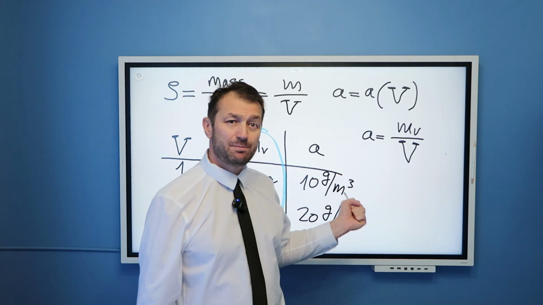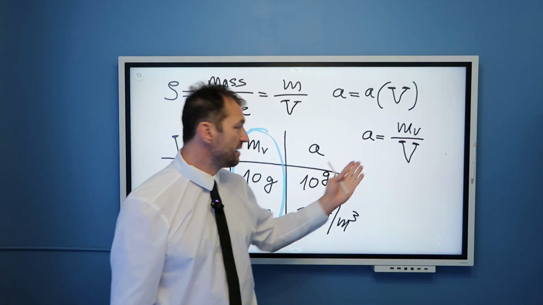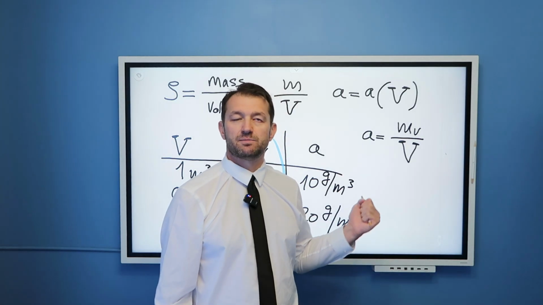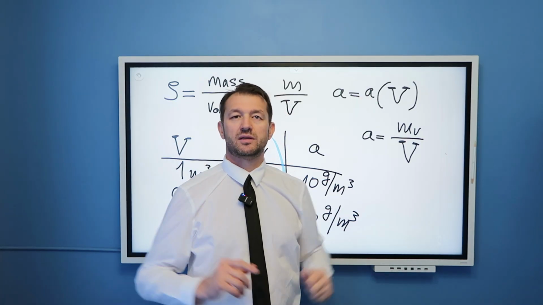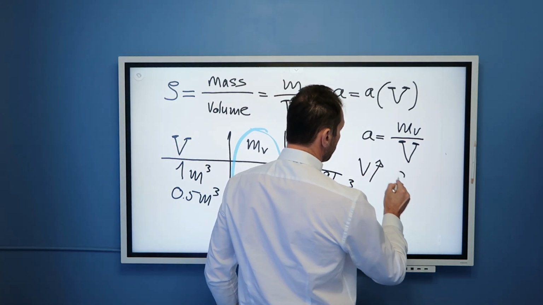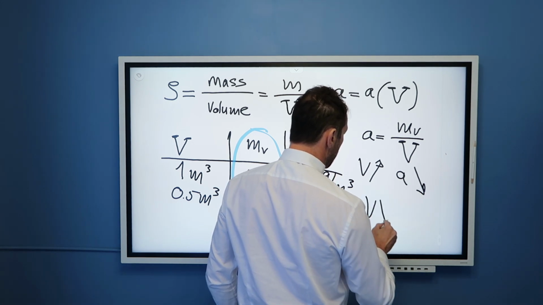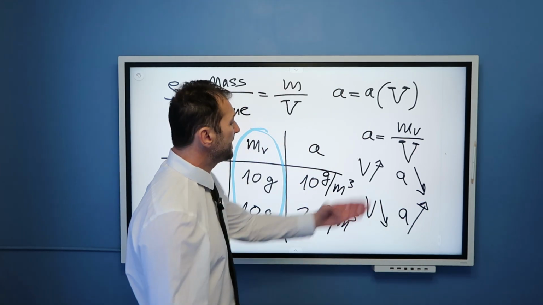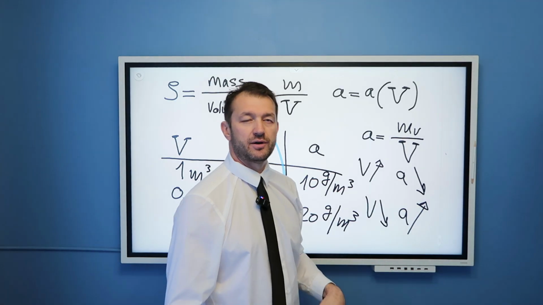As it expands, even if the amount of moisture is the same, the absolute humidity will, in this particular case, decrease. Because if I increase volume, absolute humidity will decrease. Right? Volume goes up, absolute humidity goes down. Volume goes down, absolute humidity goes up. Without adding or removing any water vapor.